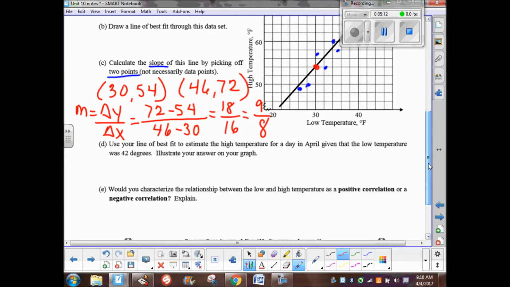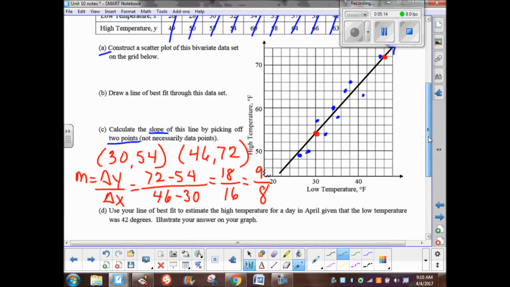Now it says, using your line of best fit, the line that you just drew in, estimate the high temperature for a day in April, given that the low temperature was 42 degrees. So if we go to the low temperature of 42 degrees and meet your line, what do you get?